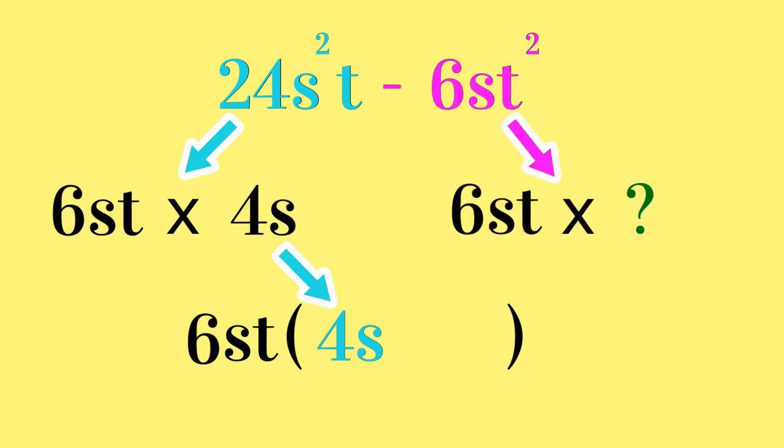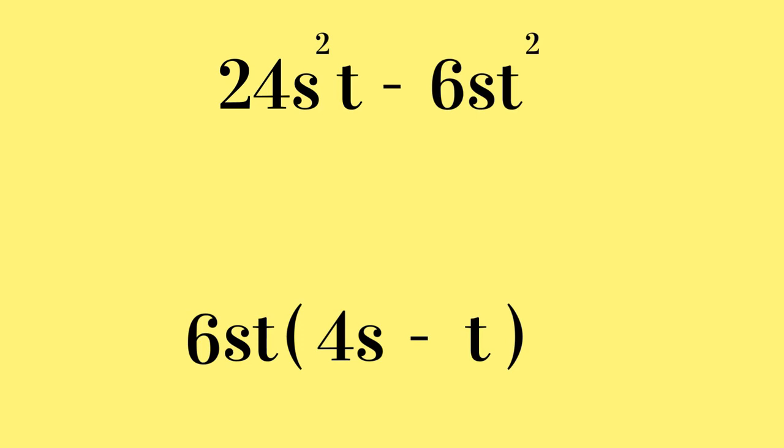To get negative 6, 6 is multiplied by negative 1, and to get st squared, st is multiplied by t. We don't need to write the 1 inside the brackets if the term also has a variable. This gives us the final answer of 6st open brackets 4s subtract t close brackets.